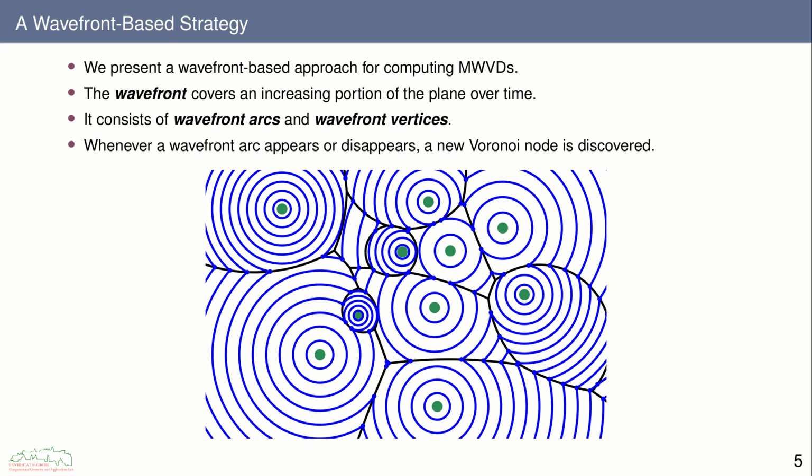Whenever a wavefront arc appears or disappears, a new Voronoi node has been discovered. In our example, we see the respective wavefront at consecutive evenly distributed points in time. It is highlighted in blue.